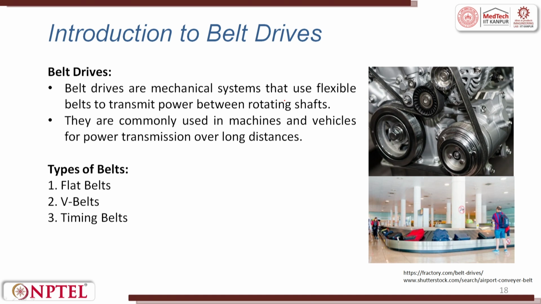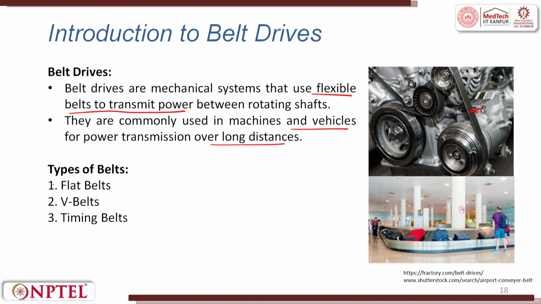Belt drives are mechanical systems that use flexible belts to transmit power between rotating shafts. So, this is a belt drive here that transmits power between the rotating shafts. They are commonly used in machines and vehicles for power transmission over long distances.